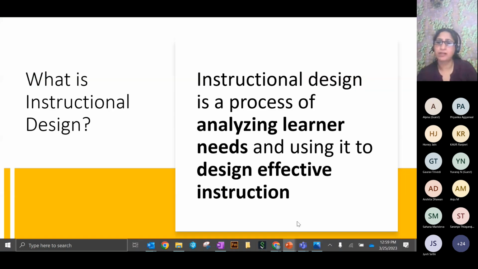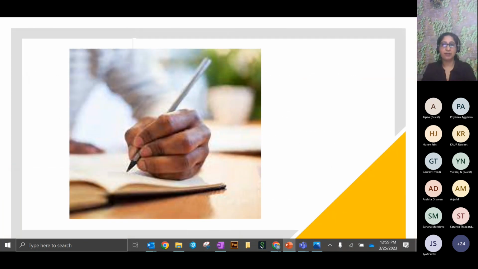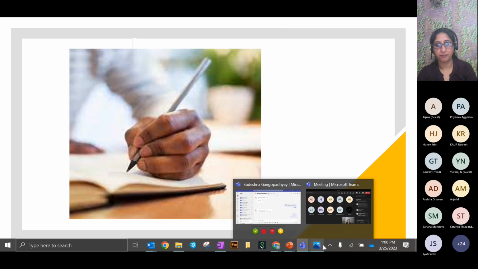Now, the first question arises: why is it important for us to understand the user or the learner? Okay, so let me give you a generic example. Here's a picture on the screen. Let me know if you notice something about this picture. Please unmute to answer if you can.